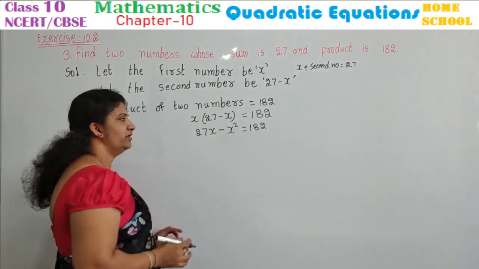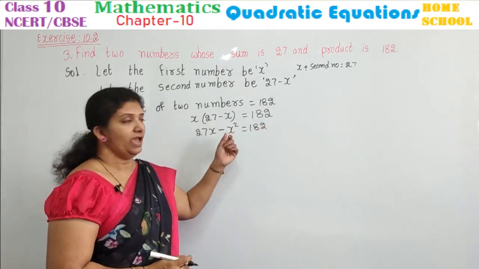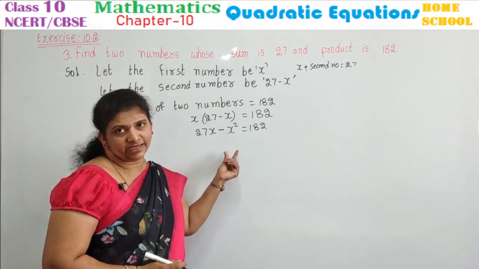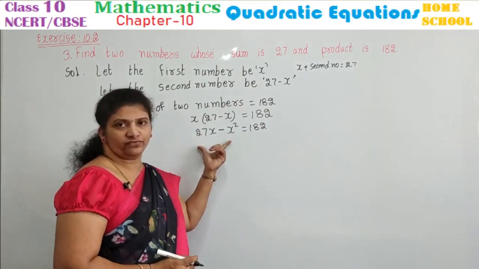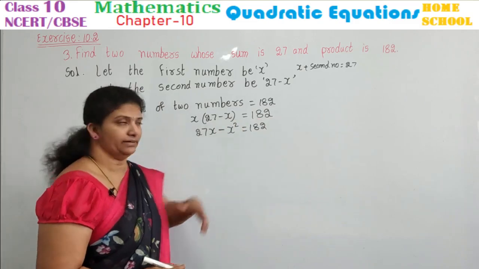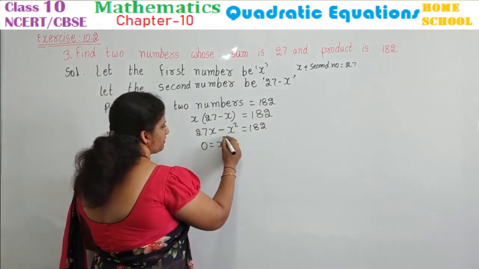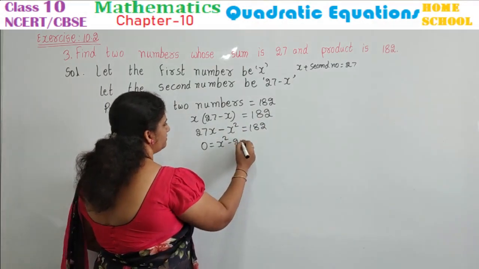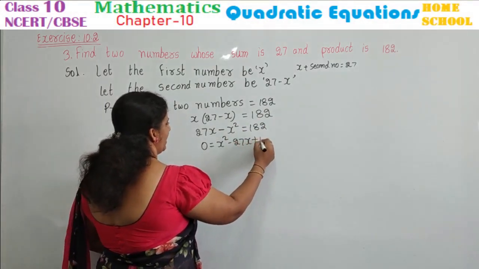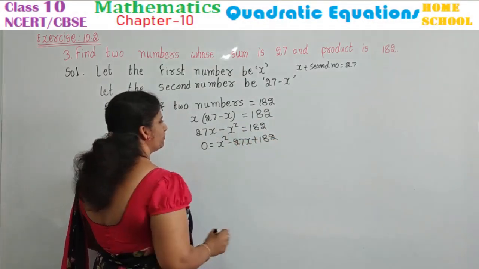You have degree 2 with a negative sign, so you can shift these two terms to this side. That means 0 is equal to x square minus 27x plus 182.